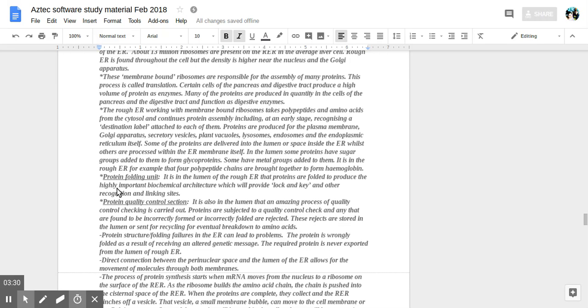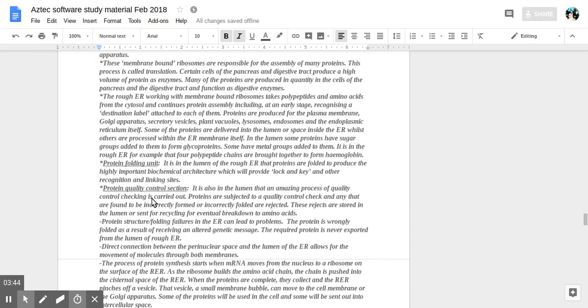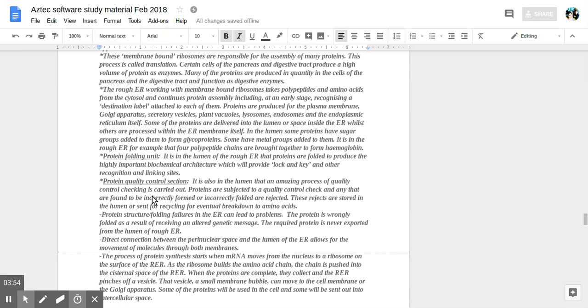In the protein folding unit in the lumen of the rough ER, the proteins get folded to produce highly important biochemical architectures which provide locking key and other recognition and linking sites. In the protein quality control section in the lumen of the ER, an amazing process of quality control checking is carried out.